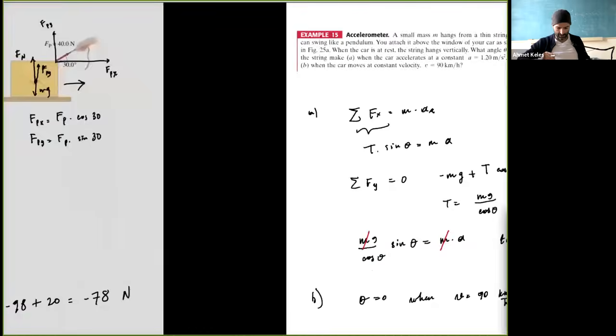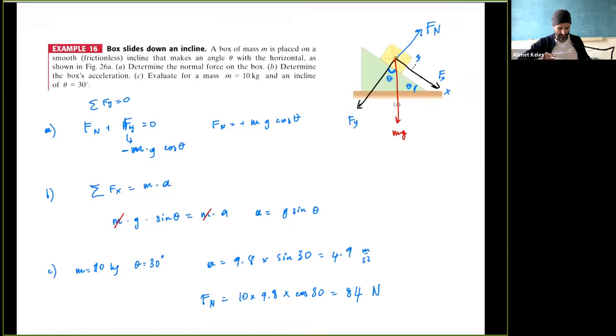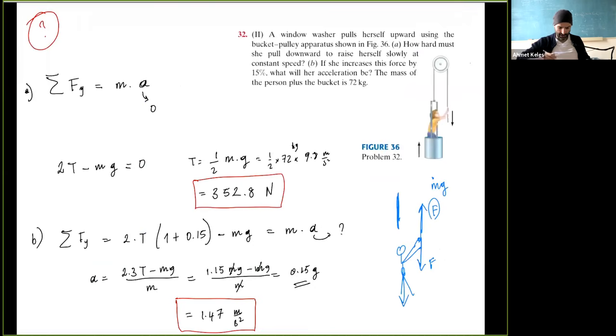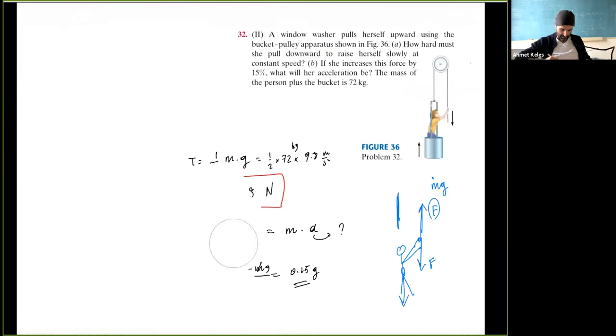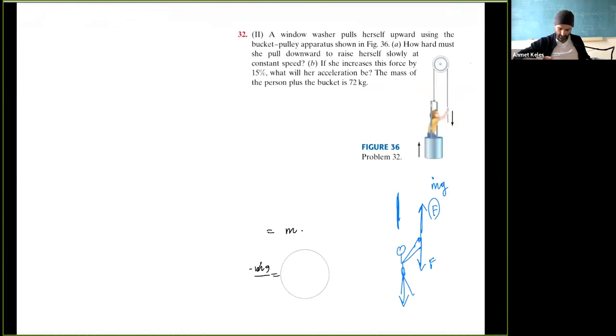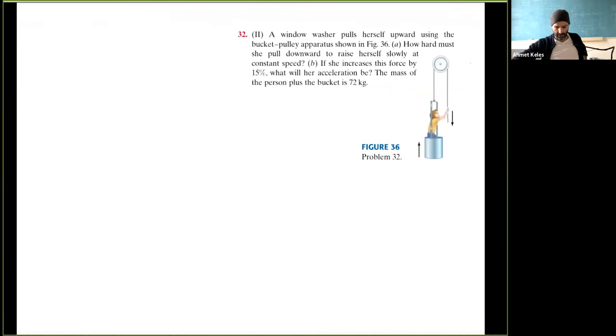Today I want to, okay, this is the one we solved, this one we solved. Maybe today I can start from this guy and continue, okay? So a window washer pulls herself upward using the bucket pulley apparatus shown in figure.